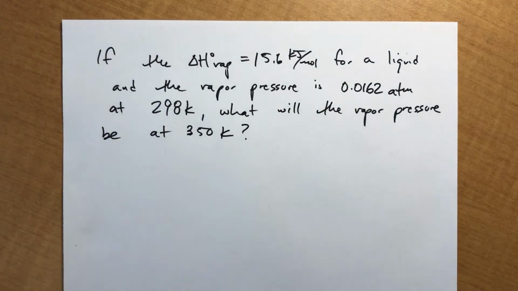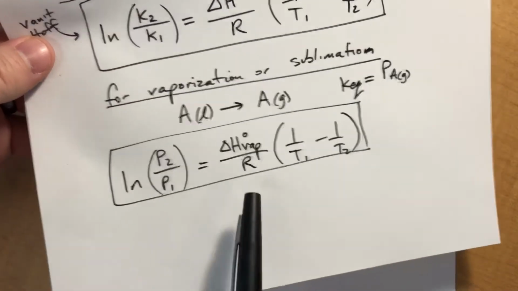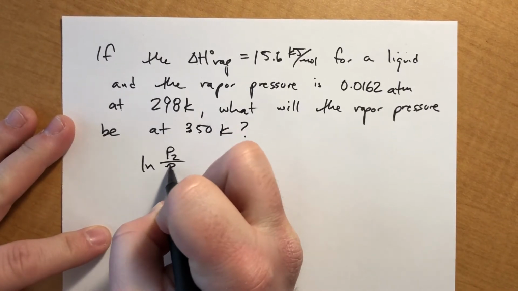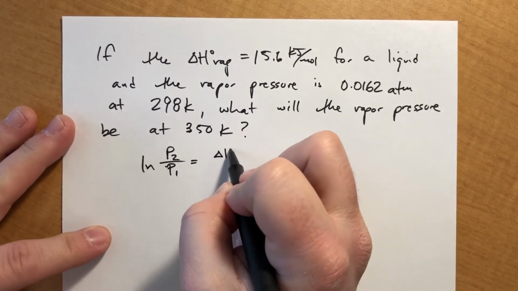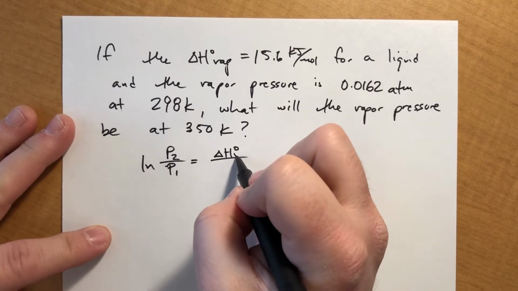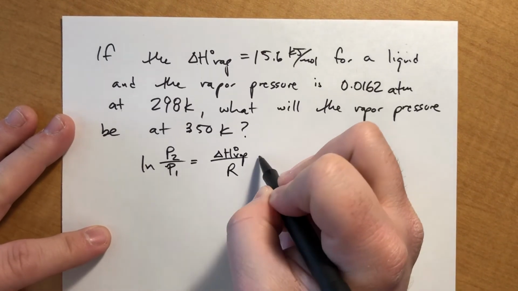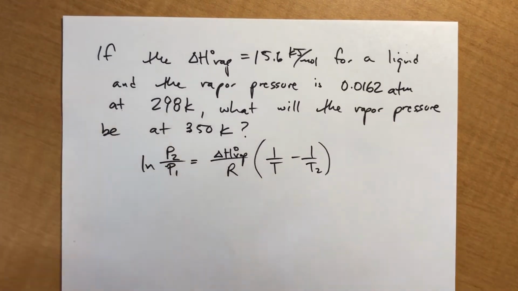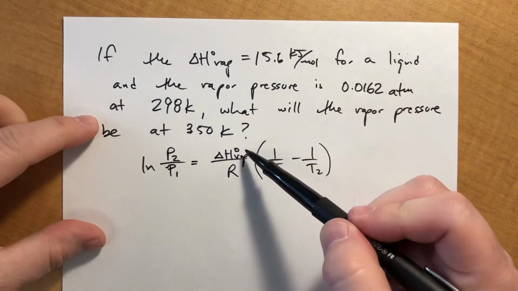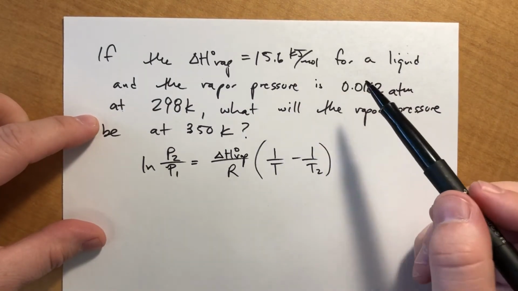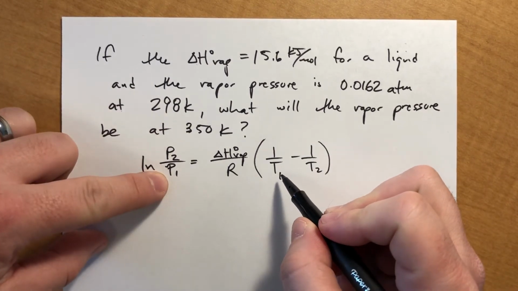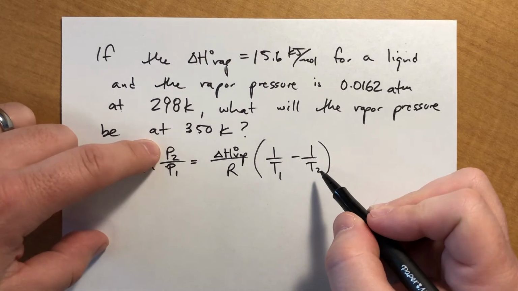Well, for vaporization, we have this equation. The equation is natural log of P2 over P1 equals delta H of vaporization divided by R, which is a constant, times 1 over T1 minus 1 over T2. Well, we have delta H, R is a constant. We have some pressure and temperature, let's call that P1 and T1. We have a T2, and we want to know what is P2.